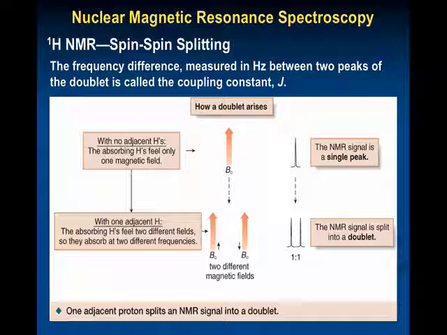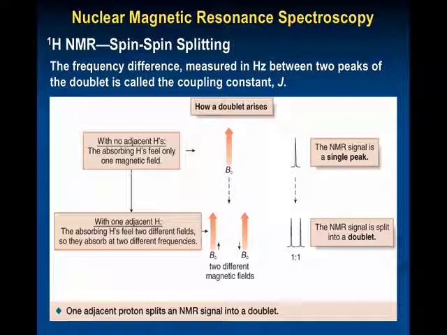Remember, B0 is what we use to abbreviate the NMR's magnetic field. However, now imagine that I've got that proton and I give it a neighboring proton that is not equivalent. So it'll split it. What does that proton now feel? It feels the magnetic field of the NMR spectrometer just like it did before, but now it's got a neighboring magnet. Remember, a proton is a spinning thing, right? And spinning charges are electromagnets.